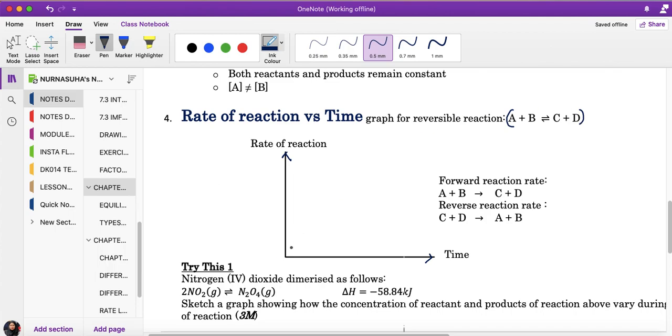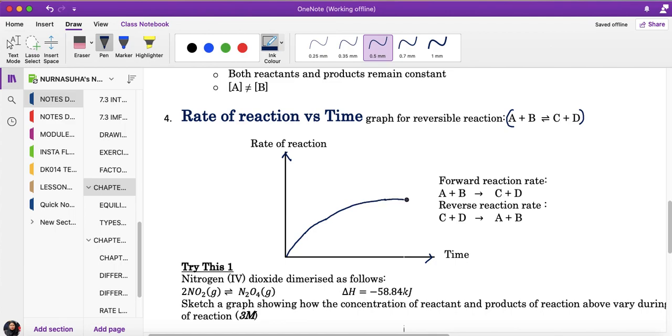So the graph will look like this. Okay. Forward reaction, kena start daripada kosong.